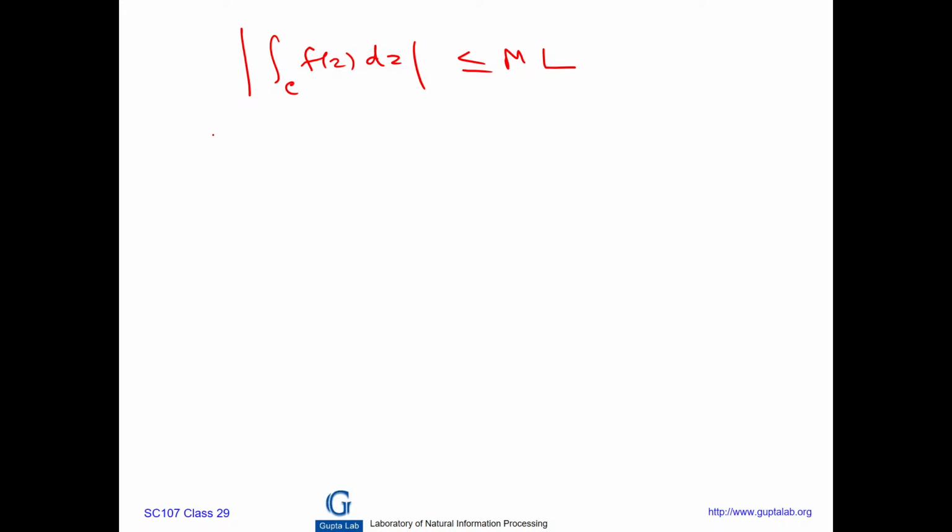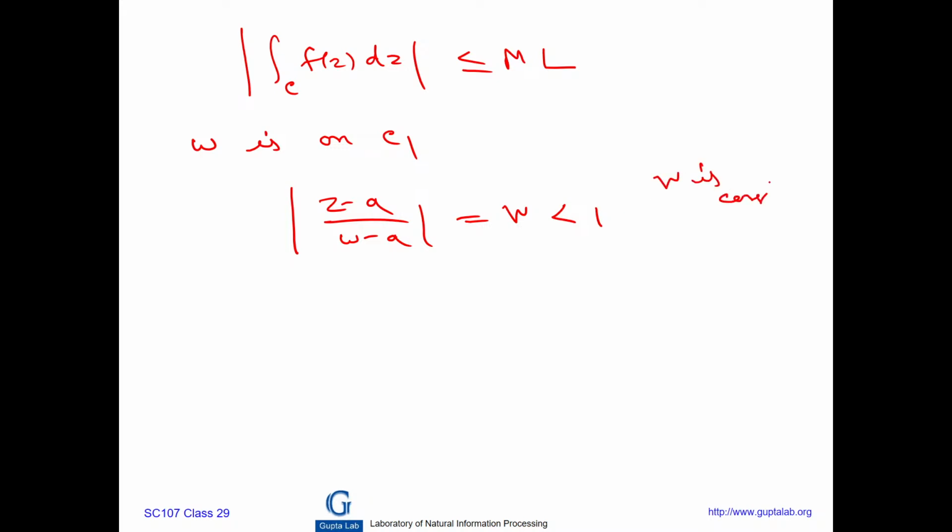Now if you note that w is on C1, we have mod of z minus a divided by w minus a, call it gamma. This will be less than 1. Gamma is a constant. These inequalities you can observe by looking at the scenario.